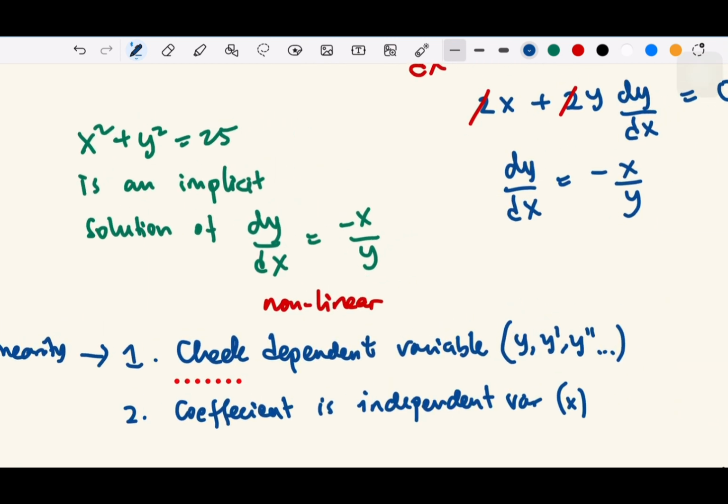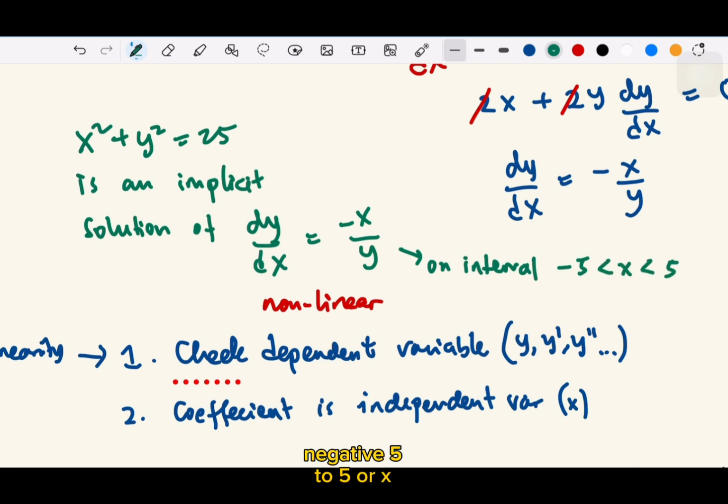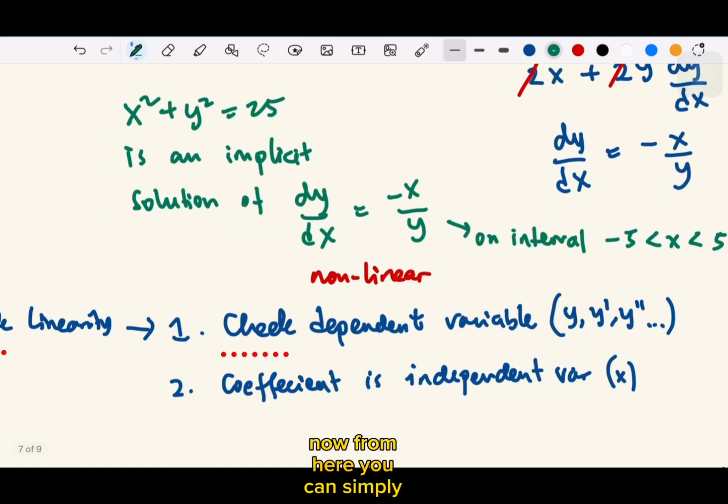This is not yet complete. Let me write the interval. Because we know it's a circle with radius 5, we can make the interval from -5 to 5 for x. Now from here, we could simply imagine what this should be.